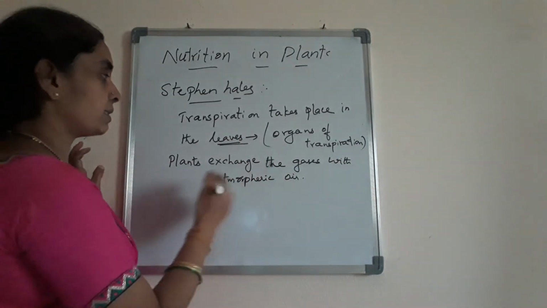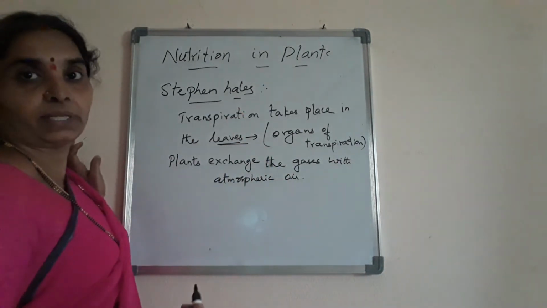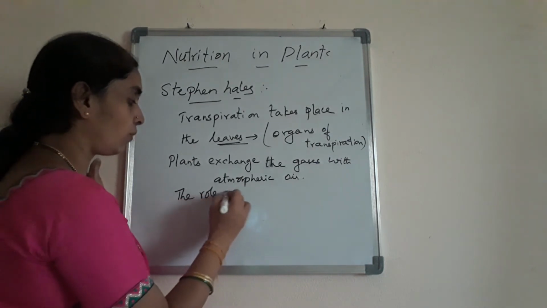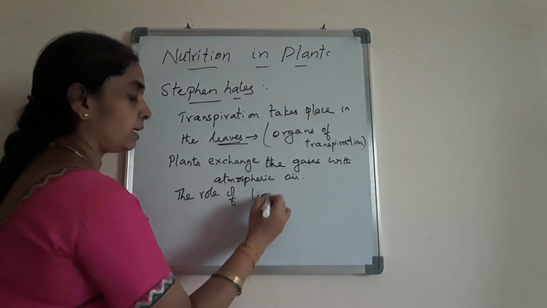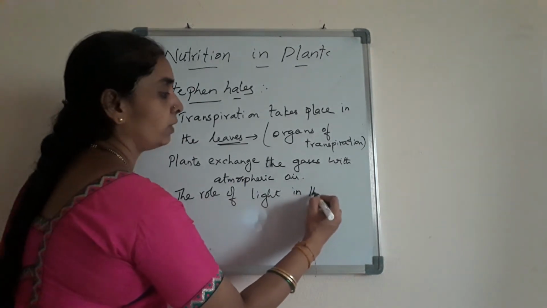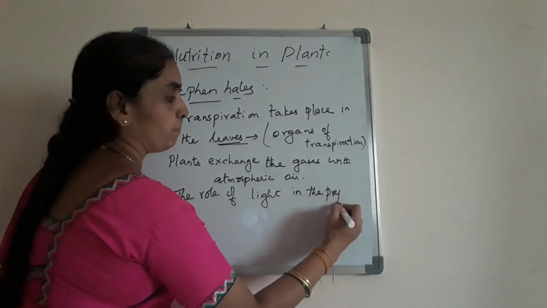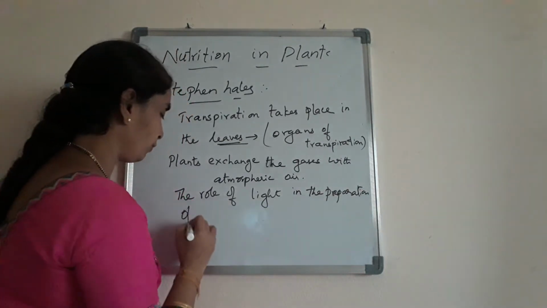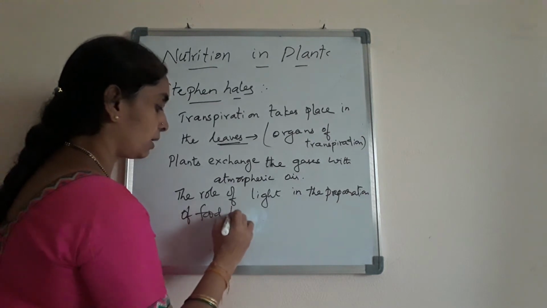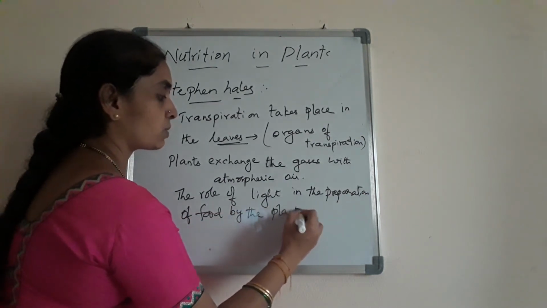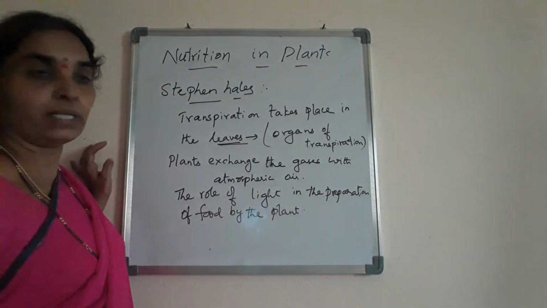So this is stated by Stephen Hales, and he was also the first to state the role of light in the process of photosynthesis, or the role of light in the preparation of food by the plant. So this was also stated by Stephen Hales.